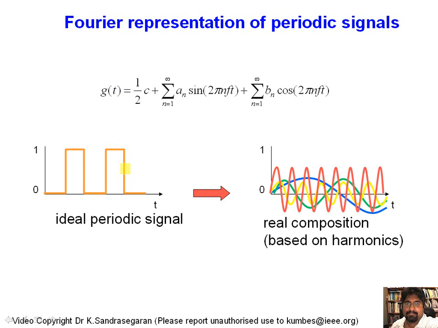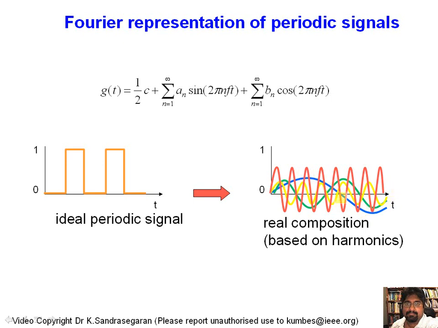As one sine wave? As a sum of a number of sine waves, each sine wave having a different frequency and each one having a different amplitude. That's what this graph is trying to tell you, that you can take any periodic signal and represent it as a sum of sine waves.